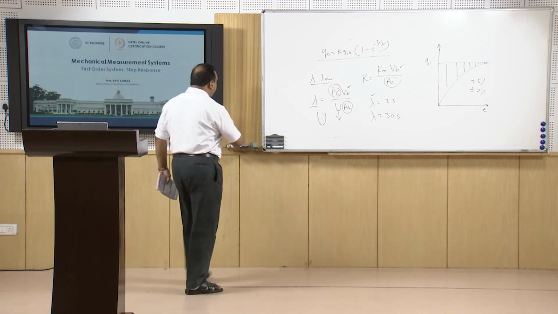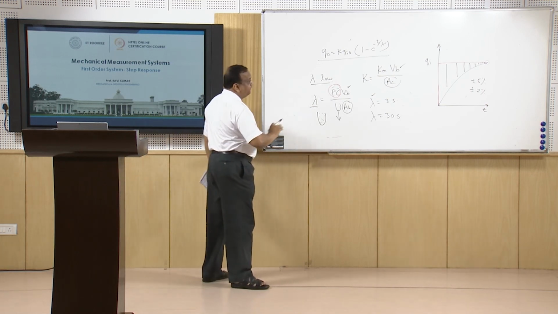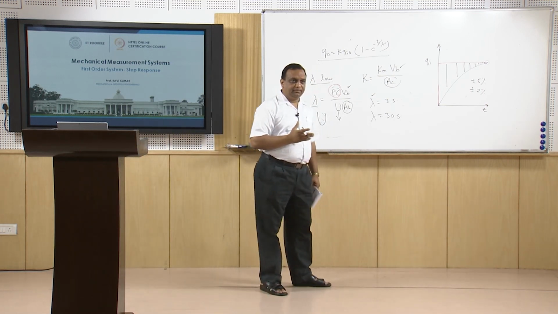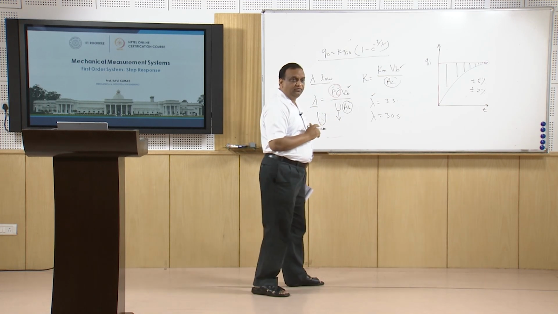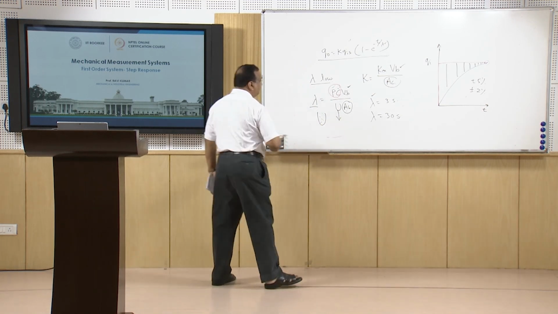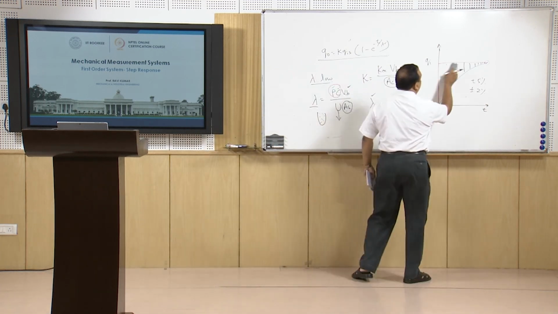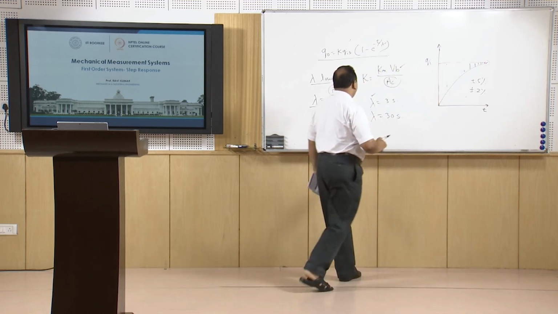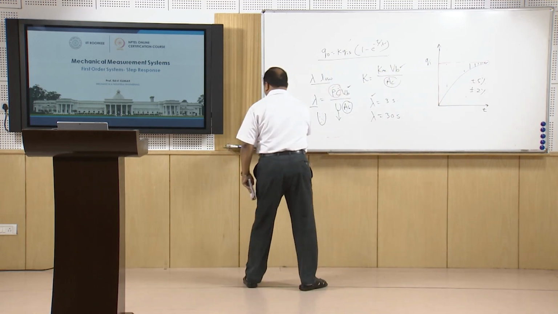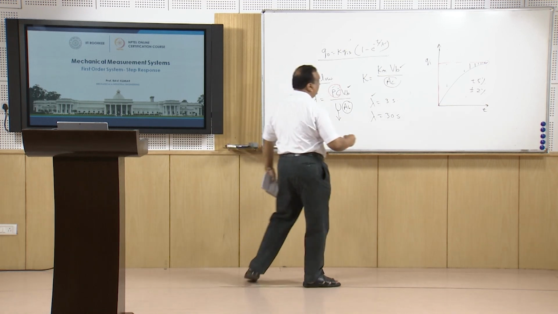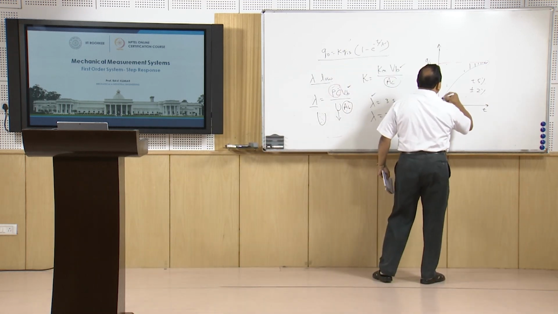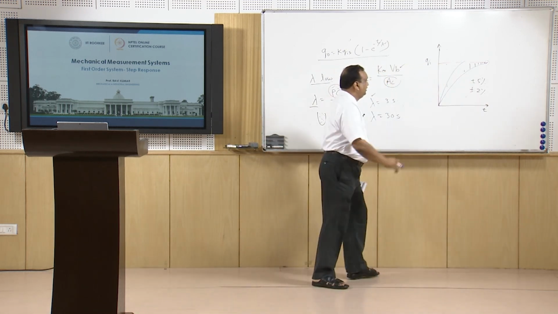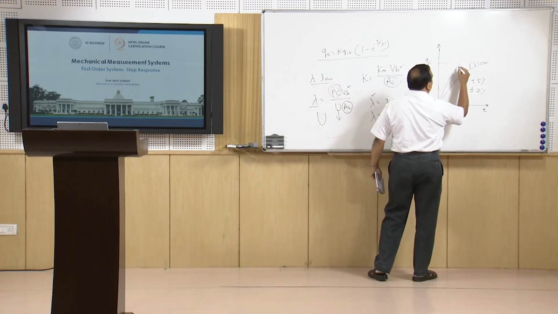Now, for a step input, if we have different values of lambda, suppose lambda is very low, meaning the time constant is very low. Then the response of the system will not overshoot, it will go like this.